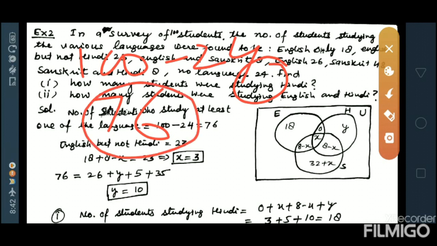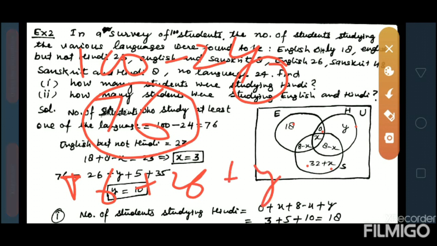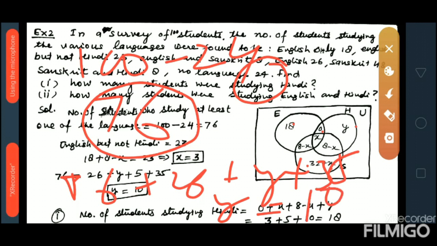Now the sum of all these elements in this Venn diagram, in these sets E, H and S, must be equal to 76. So 76 is equal to 26 plus y plus 35. Now after solving it, y is equal to 10. Means the total number of students who study only Hindi is 10.